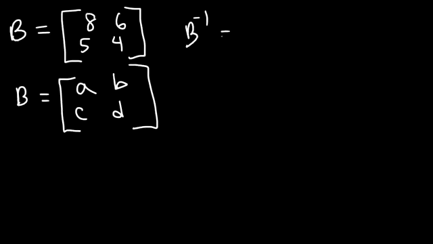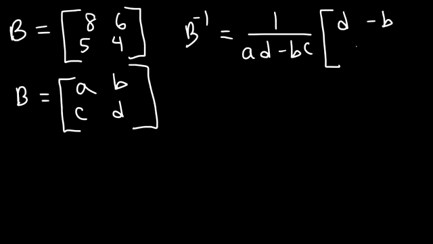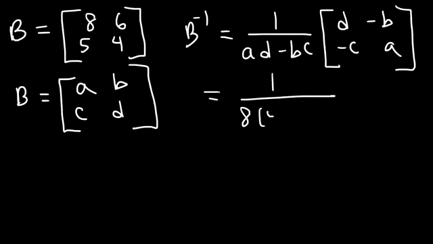And let's write the formula. So the inverse of matrix B is going to be 1 over AD minus BC, and then we're going to have the elements D, negative B, negative C, and A. So in this example, A is 8, D is 4, B is 6, C is 5.